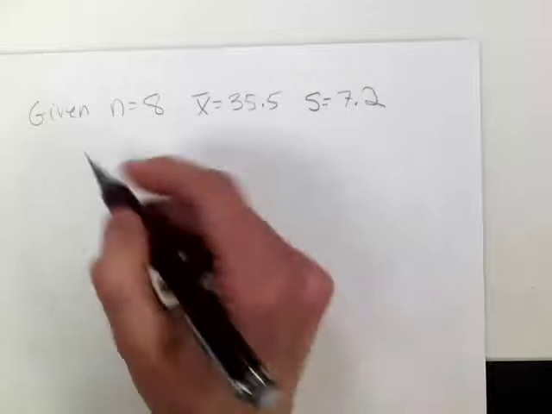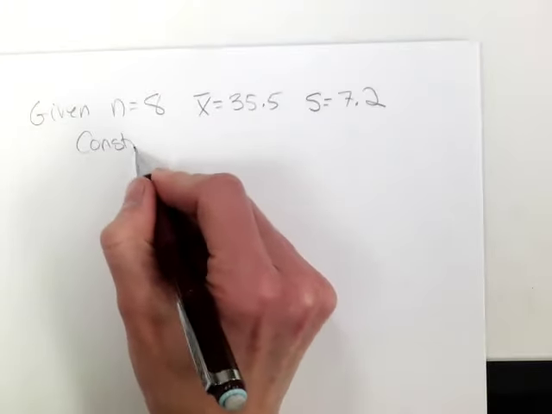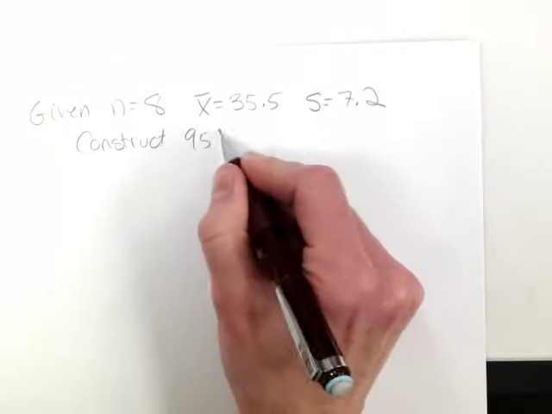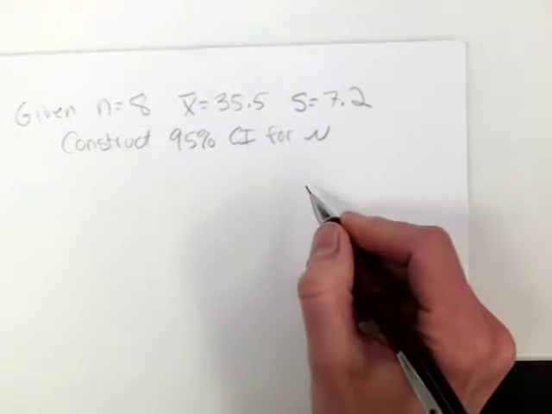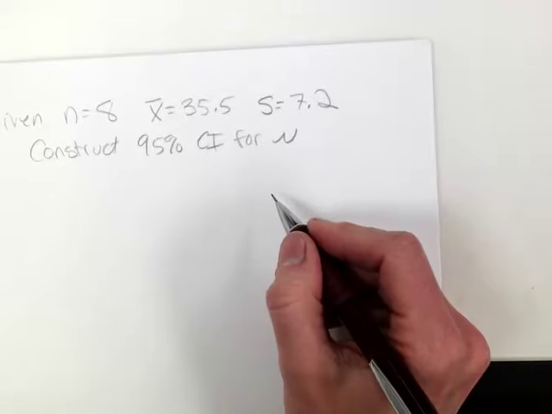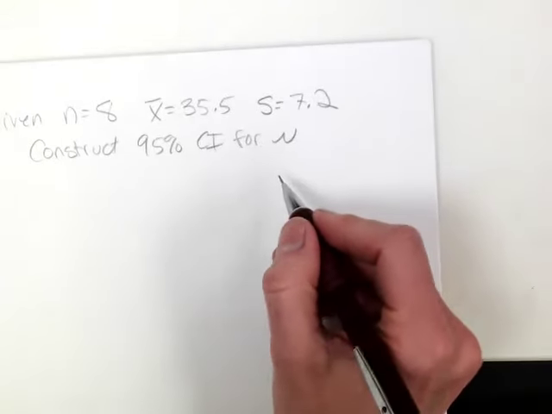Okay, so we want to construct a 95% confidence interval for the mean, the population average commute time.